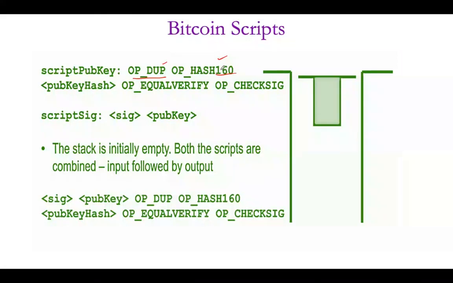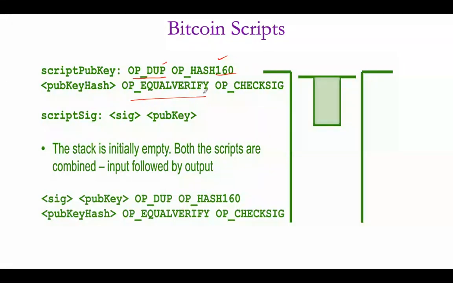Then that digest, the public key hash value, is pushed into your stack, and after that the hash value will be used for checking whether it is equal or not. That means the result is 1 if the inputs are exactly equal.